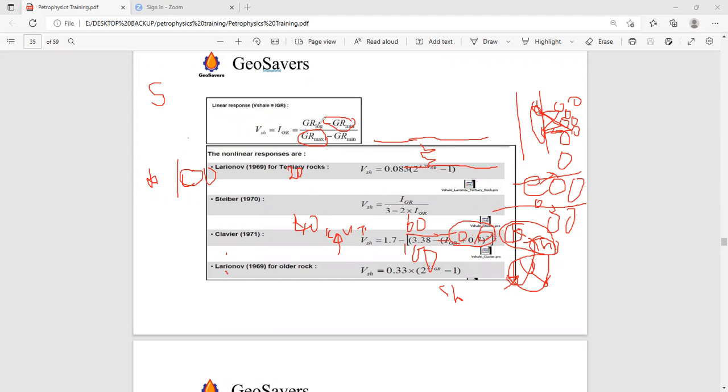So what you do now is you go to each interval, identify the gamma ray value at that interval, put it in this formula, and then calculate the volume of shale.